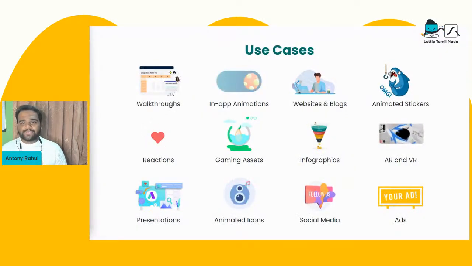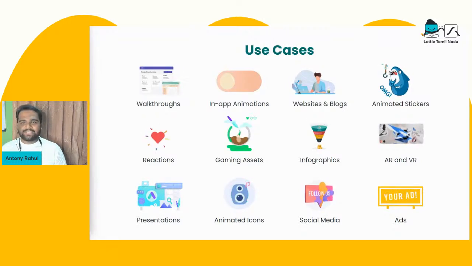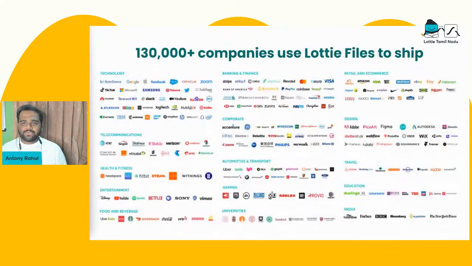So Lottie files are used in websites, mobile apps, Telegram animated stickers, presentations, and social media. The future is Lottie. There are more than 130,000 companies using Lottie files. Those companies include Paytm, Ola, Zoho, Swiggy, Byju's, etc.